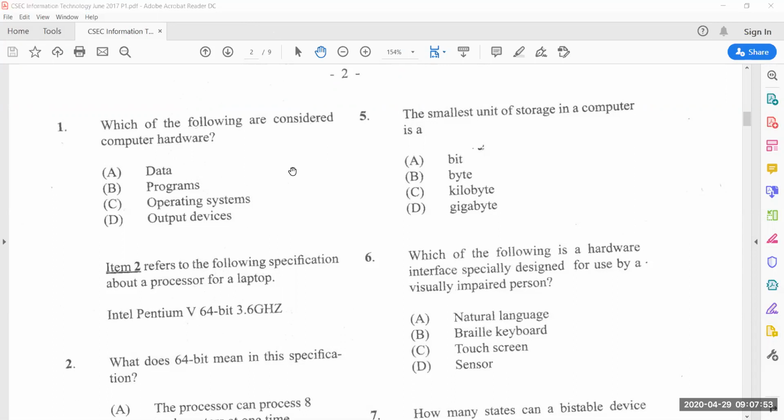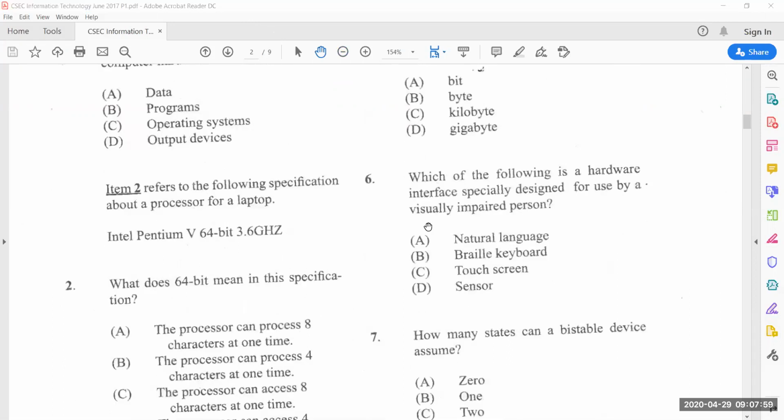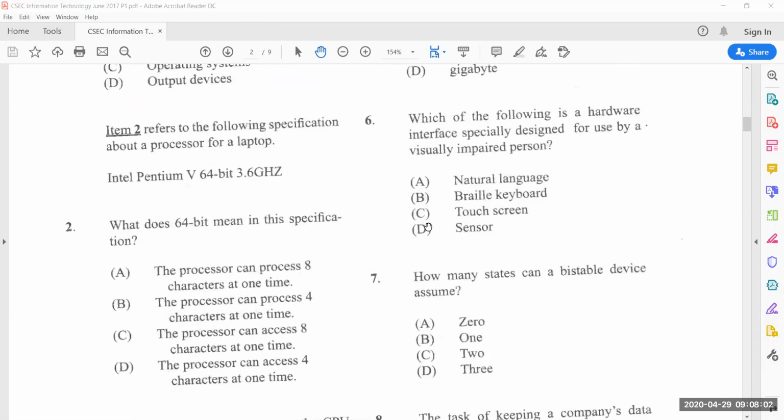I have A. A, correct, yes, a bit, right? That is the smallest unit of storage. Okay, which of the following is a hardware interface specifically designed for use by a visually impaired person? B. B, Braille keyboard, yes. So the Braille keyboard is most appropriate for use by the visually impaired person, right?